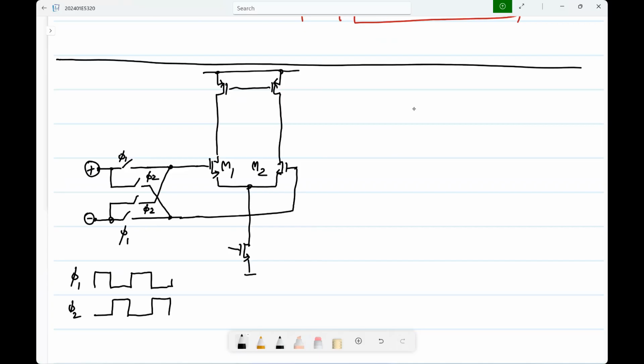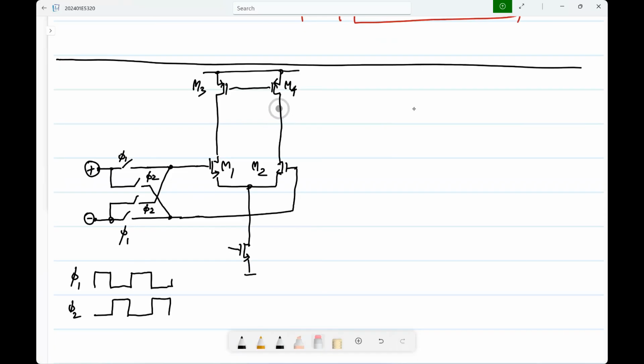okay. So by doing this, what happens is in phi 1, M1 is connected to the plus input, and in phi 2, M1 is connected to the minus input. The role of M1 and M2 are interchanged, right? By these control signals phi 1 and phi 2. Similarly, these also have to be interchanged. Okay. So in one of the phases, M3 must be the diode connected transistor, and you take the output from M4.